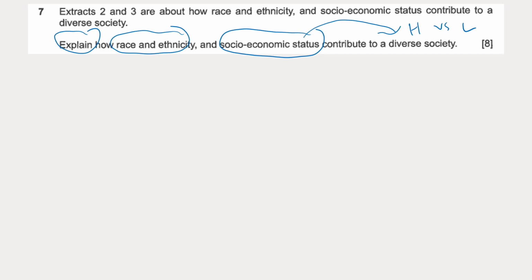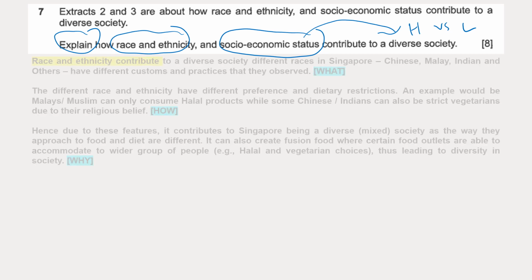It's because their experiences may be different. So that's why it will contribute to different lifestyles, different ways of life, different food, different groups of friends also. Make sure that you don't leave it blank, you actually write something.